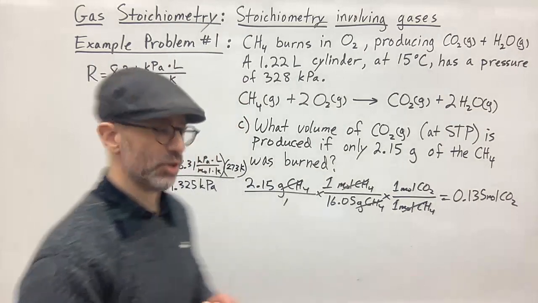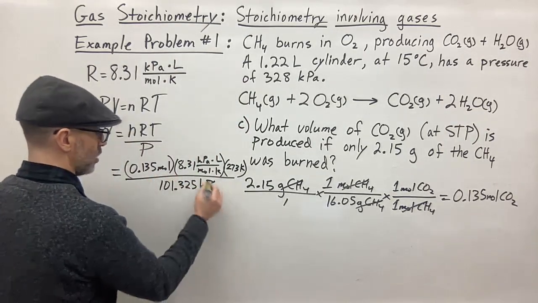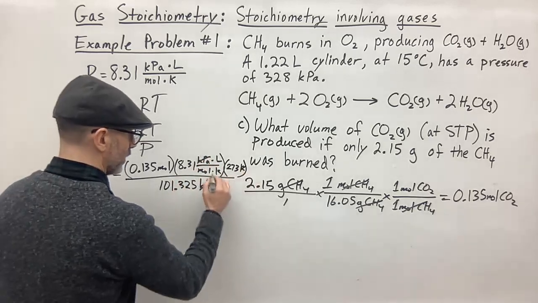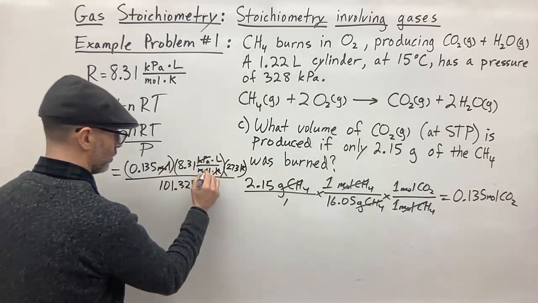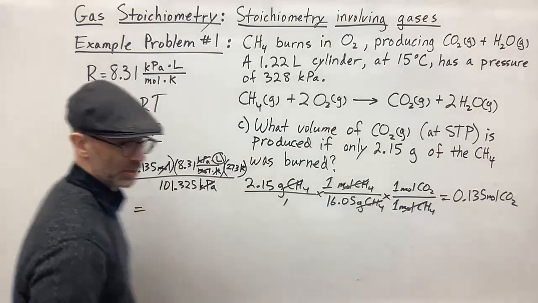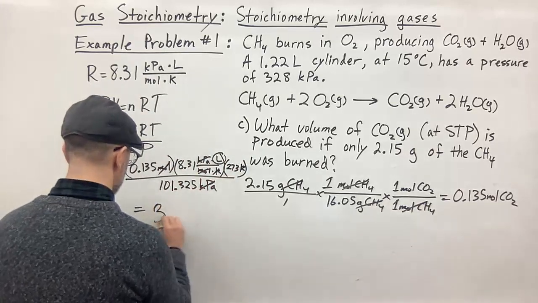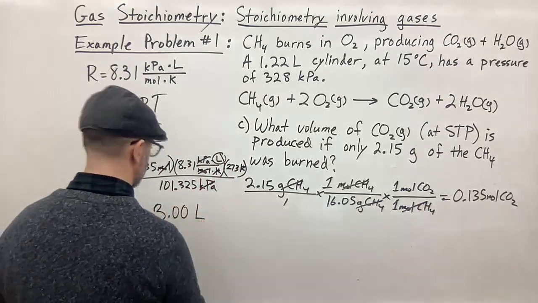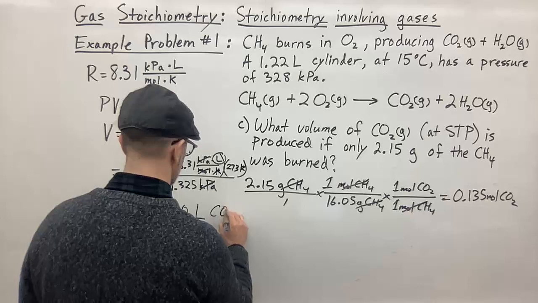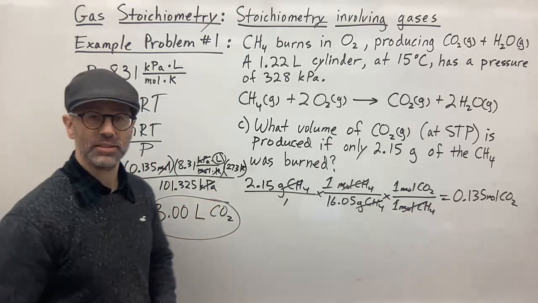Okay, so far so good. Kilopascals cancels out, Kelvin cancels out, moles cancels out. Now I'm left with liters. So when I do the calculation, I get 3.00 liters of CO2. Okay, so that's one way to do it.